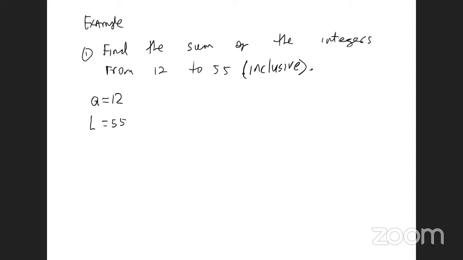What we'll have to do is subtract 55 and 12, and you're going to get 43. But the problem is when you do that, you're ignoring one of the numbers. So you have to add on one more. So it's really 44 is equal to N.